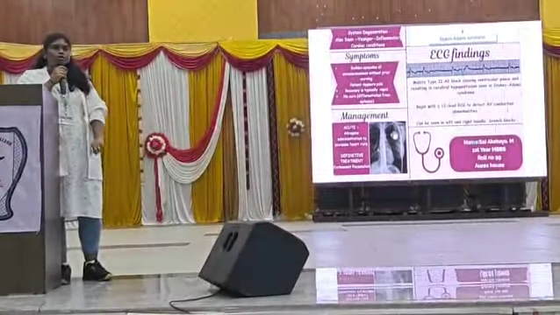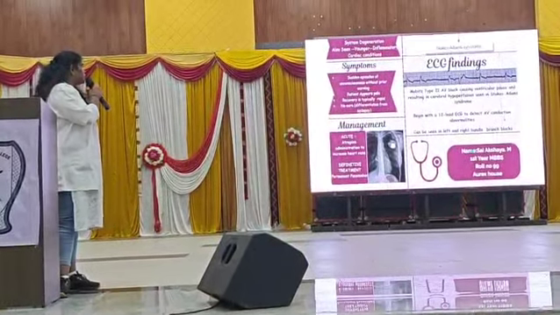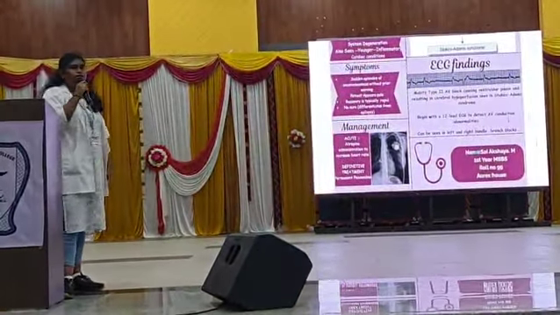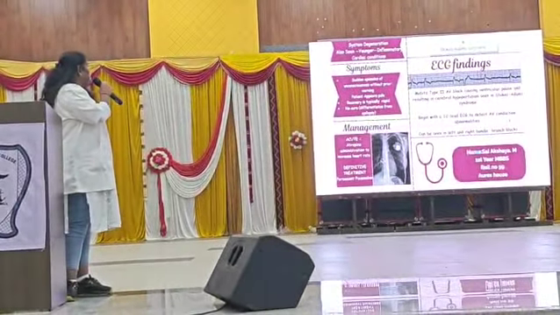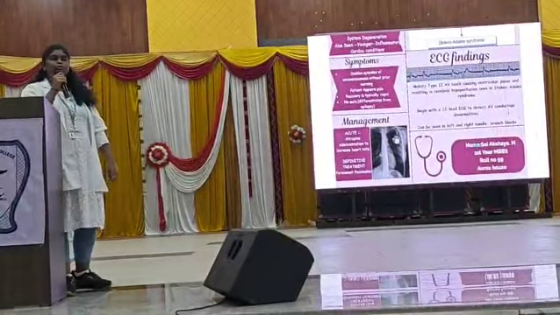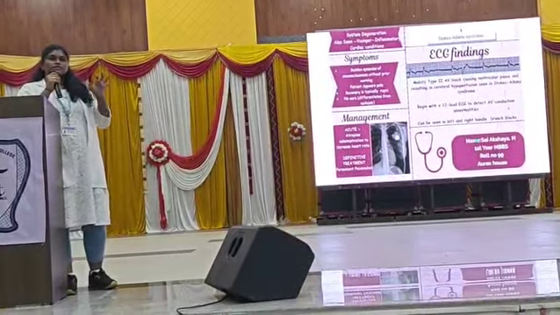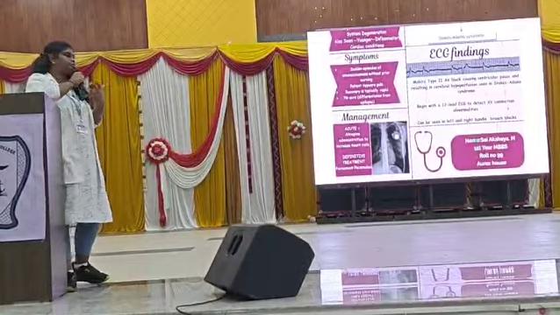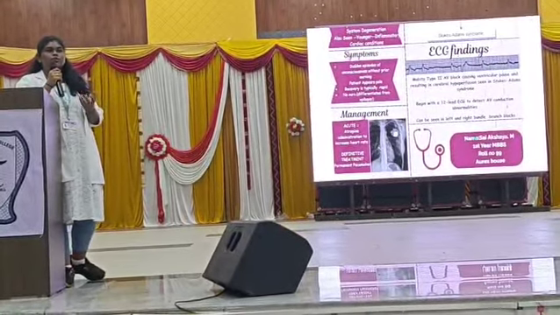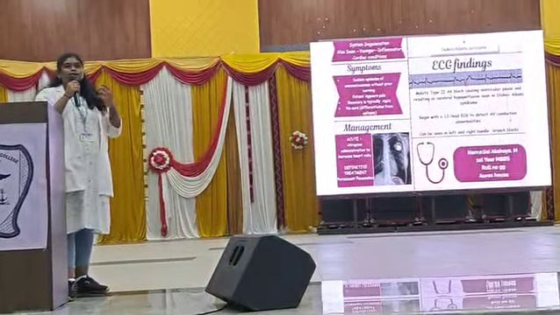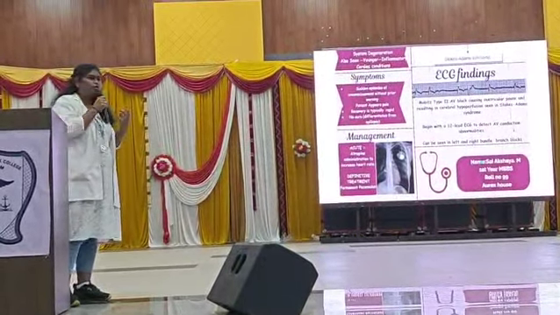So in Mobitz type 2 AV block and third degree AV block, we can see Stokes-Adams syndrome. And normally there are left and right bundle branches, right? If these branches fail to generate the impulse, or if there is any bundle branch problem, we can see Stokes-Adams syndrome because the ventricular muscles cannot contract.